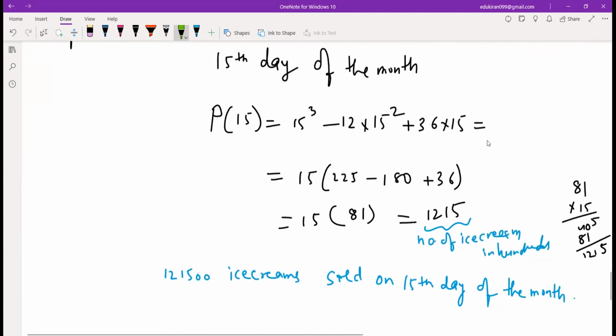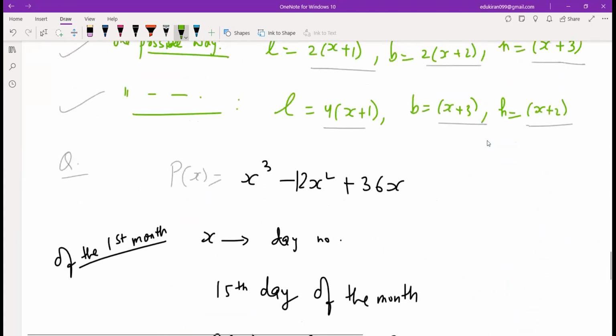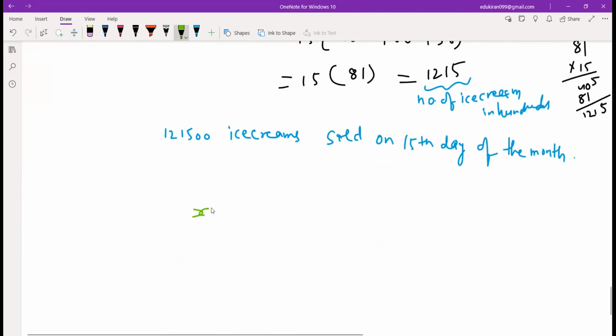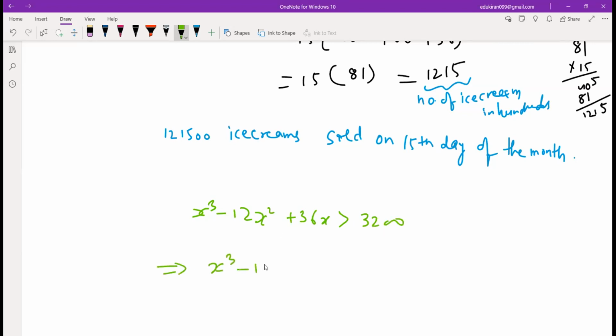Okay, so you will say that px, x cube minus 12x square plus 36x, is greater than 3200. Which means that x cube minus 12x square plus 36x minus 3200 is greater than 0.